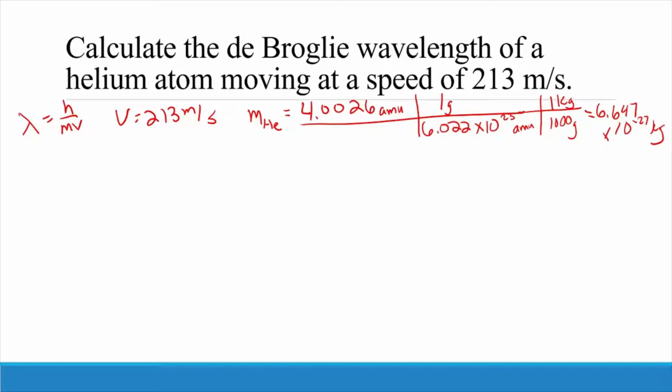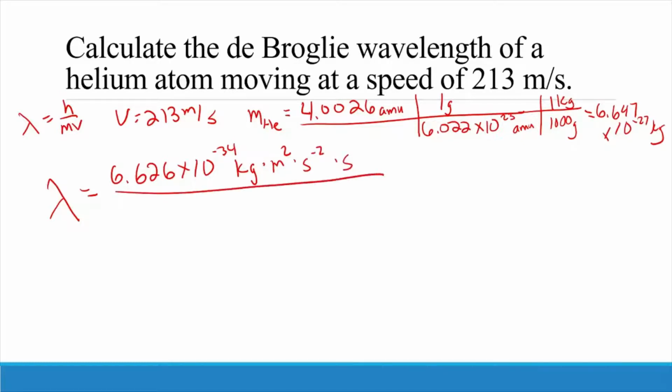And then we already know h is Planck's constant, so we can just plug and chug here. Lambda is equal to 6.626 times 10 to the negative 34th joule seconds, so kilograms times meter squared times inverse second squared times seconds, divided by our mass, 6.647 times 10 to the negative 27th kilograms, times our velocity, 213 meters times inverse seconds.